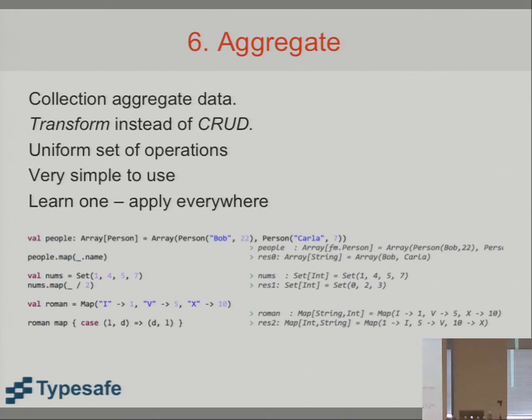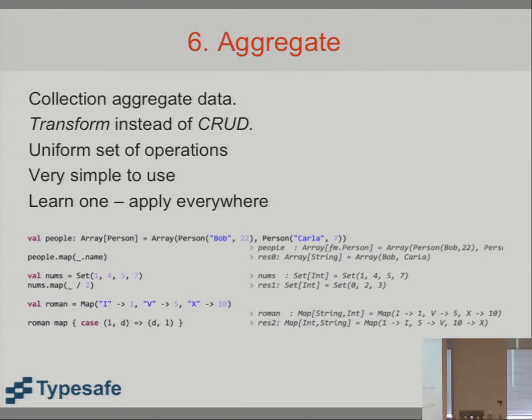Good. Number 6 then is aggregate. So aggregate is done with collections. Collections aggregate data, and of course that's the functional paradigm. Where the imperative paradigm is CRUD, create, read, update, delete, you don't really tend to do that.